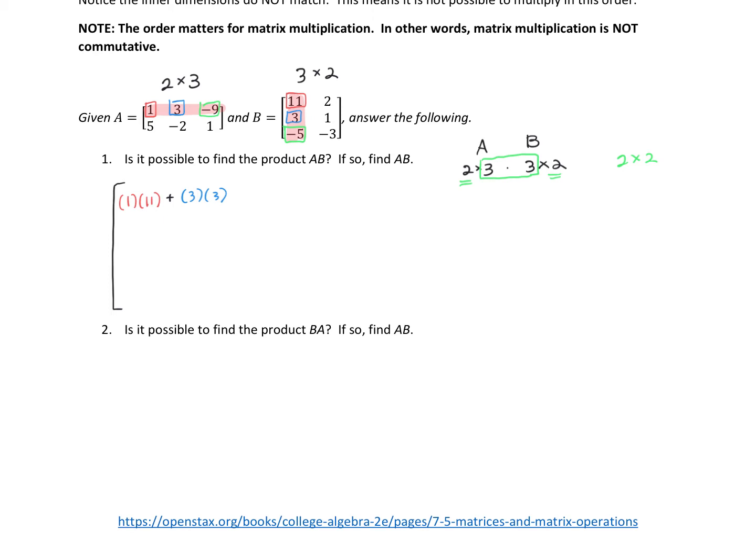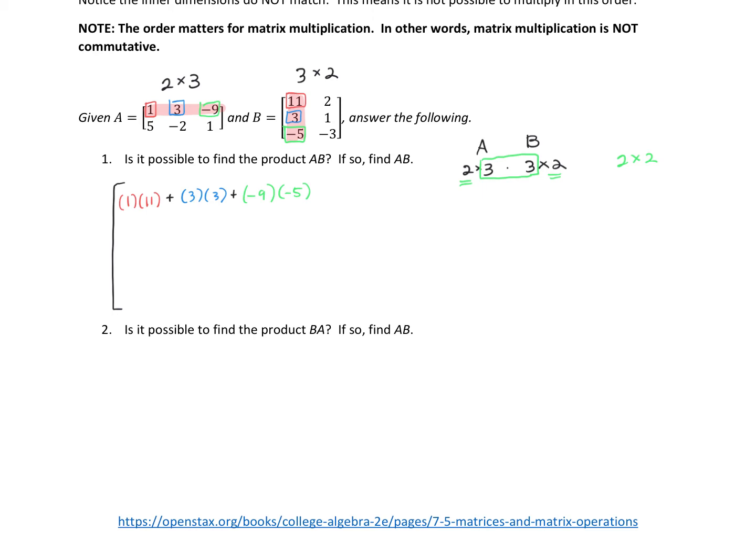Okay, plus what's in green, so the product of -9 times -5. Each of those first numbers, 1, 3, -9, you can see come from the first row of the first matrix. And each of the second numbers, 11, 3, -5, come from the first column of the second matrix. And so you just multiply and add those together. And that is going to give you your first element.